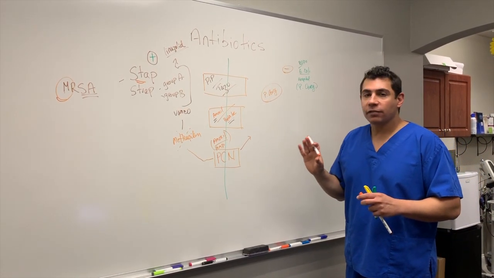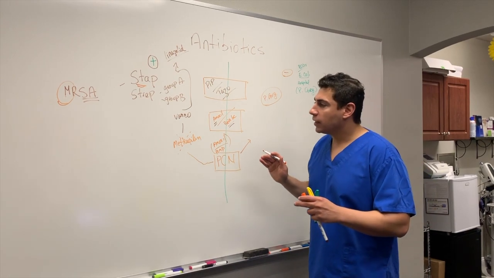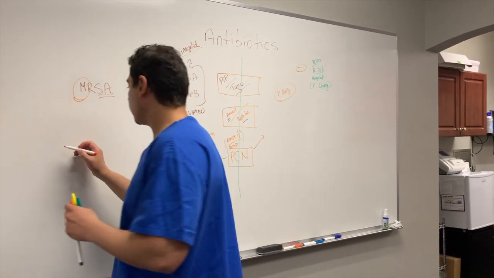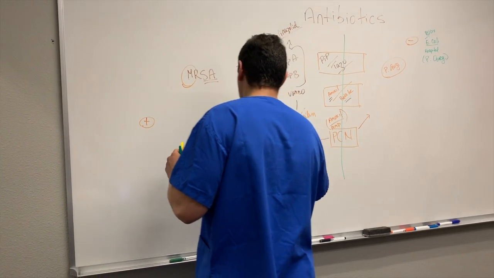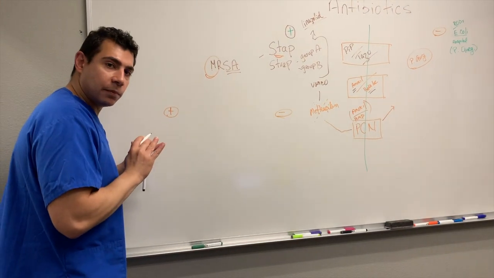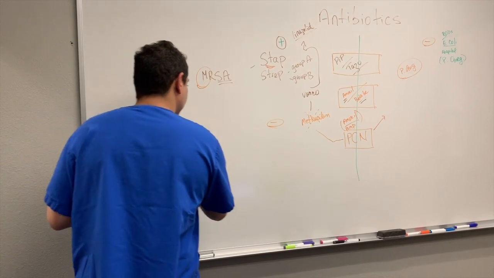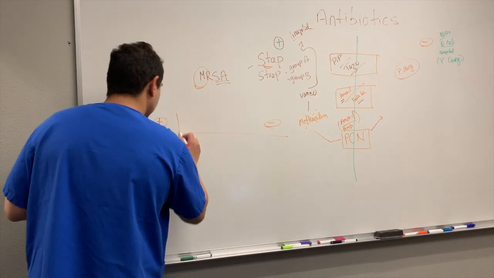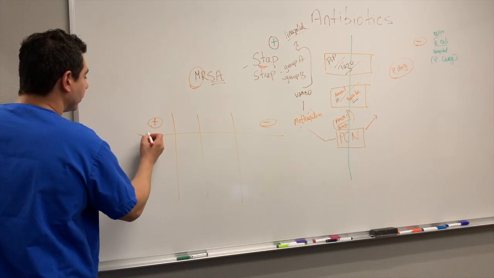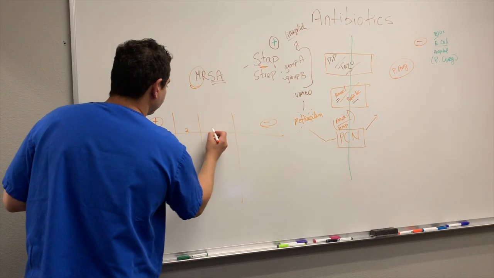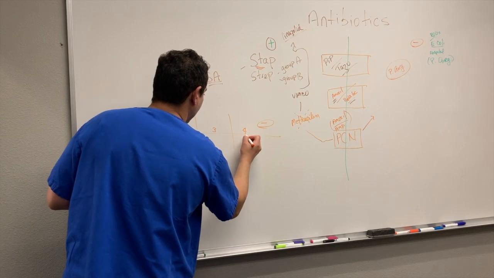When you're looking at cephalosporins, there is a nice little chart that I like to use, and it basically starts with gram positives and goes all the way to gram negatives, and it covers the cephalosporin family. The cephalosporin family are 4, let's just call them 4, even though there's 5. There's 4 generations, correct?